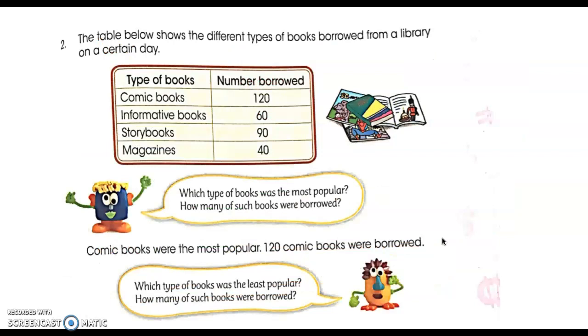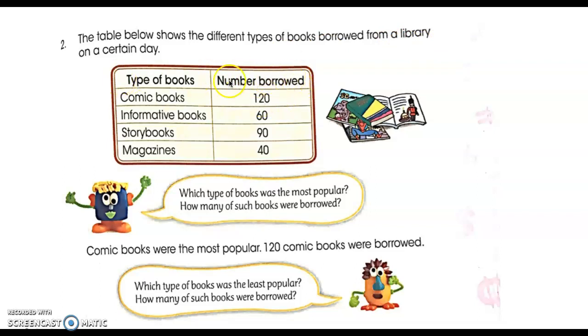Now you look at the second example. This example shows the number of books borrowed. I mean, this shows the different types of books borrowed from a library. Now see the number borrowed.